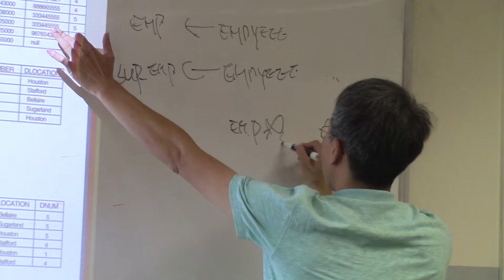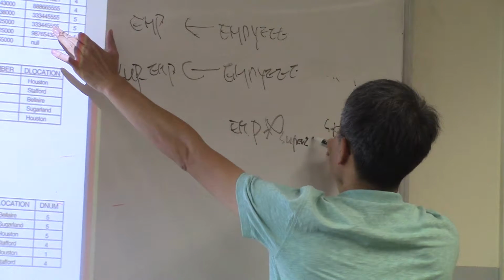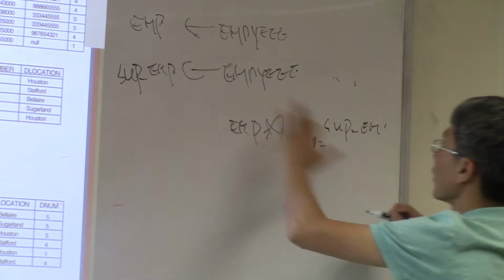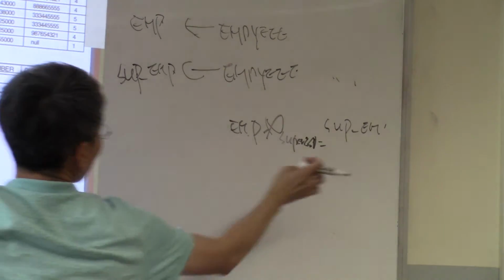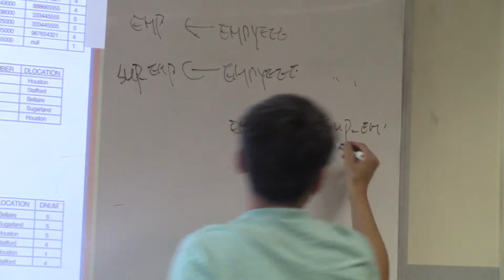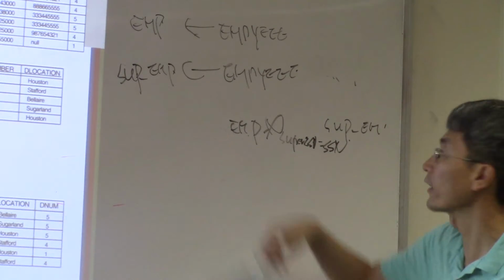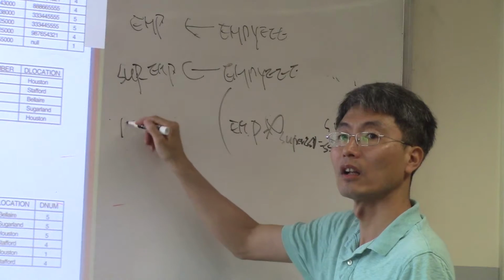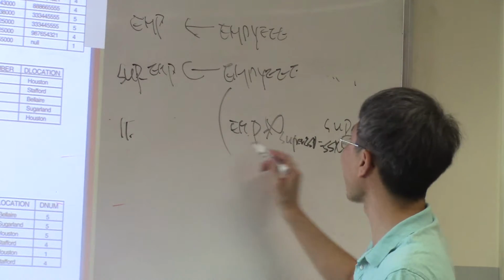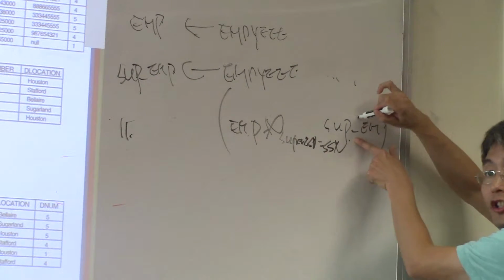Employee's super SSN is equal to super EMP's SSN. Okay, then what you need is what? Name. First name and last name of what? Supervisor's name.